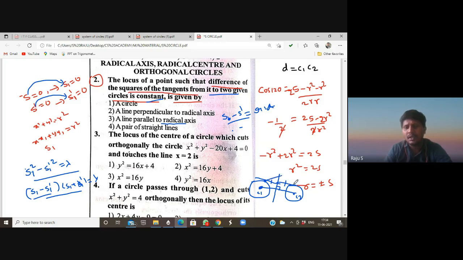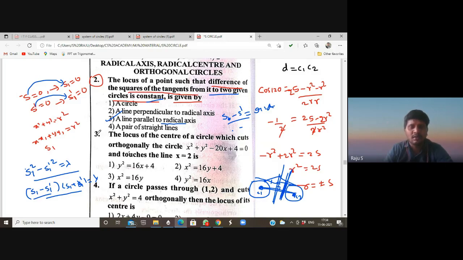But here, according to the given condition, we get a line equation that is parallel to the given radical axis. That is also a line, but parallel, not perpendicular. Remember that. Perpendicular means passing through the centers of the circles sometimes, and parallel to the line segment joining the centers is absolutely wrong. So the third option is correct.